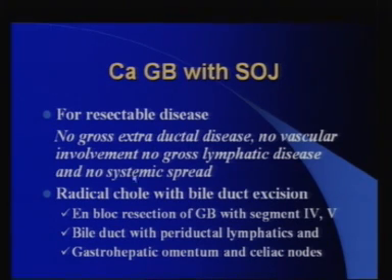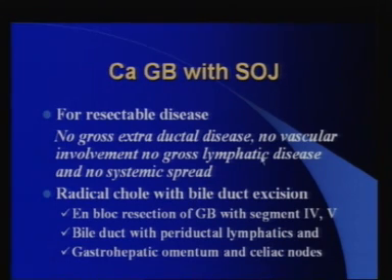So a radical cholecystectomy is an option for the very few patients who present with obstructive jaundice. But a patient with CA gallbladder presenting with obstructive jaundice would generally have a large extraductal disease or vascular involvement at the porta hepatis, and therefore the disease may not lend itself to a curative resection.